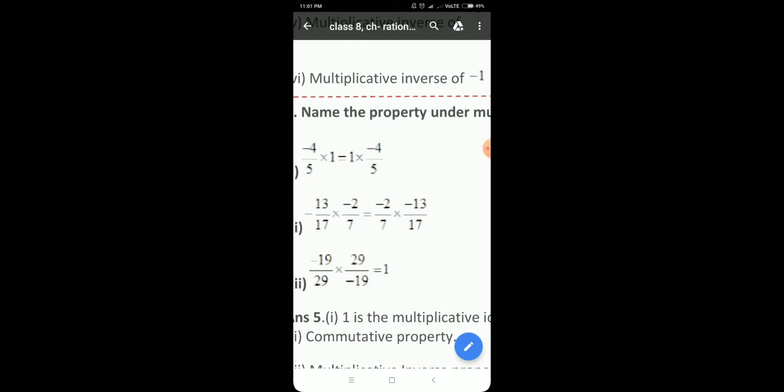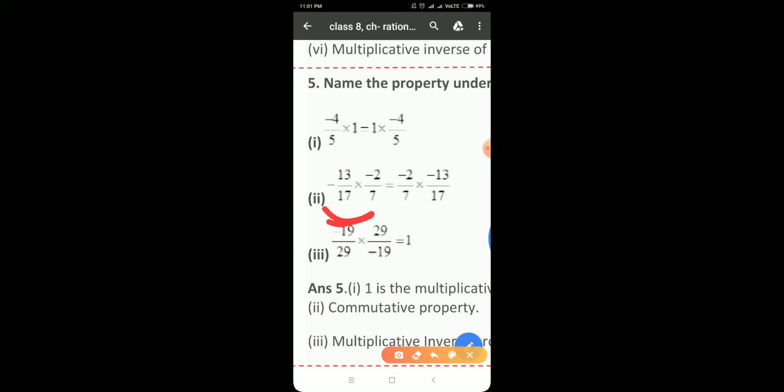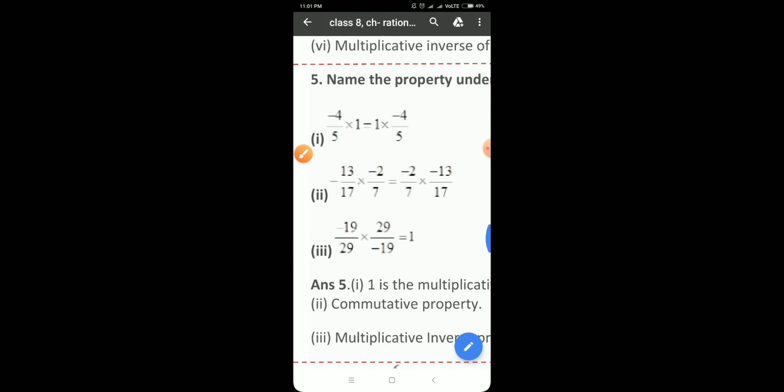So 1 is the multiplicative identity. And here you can see that you are just rearranging: minus 2 by 7 is written first and 13 by 17 is multiplied afterwards. It is known as the commutative property, so you can write that the commutative property is used here.